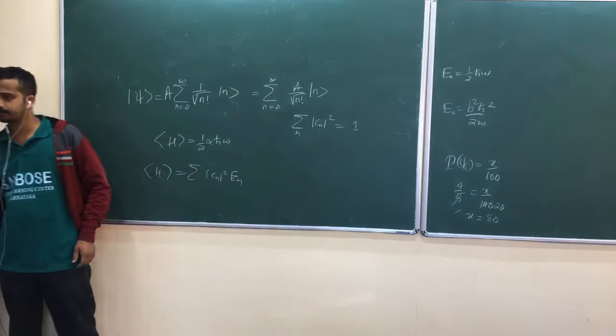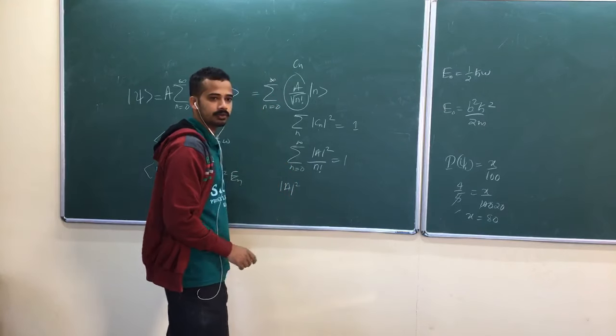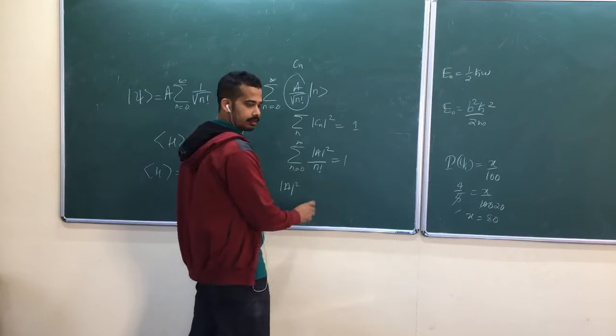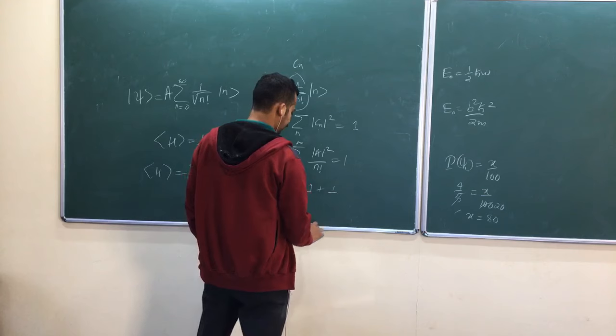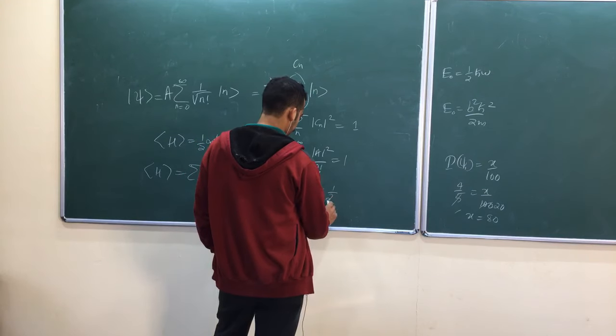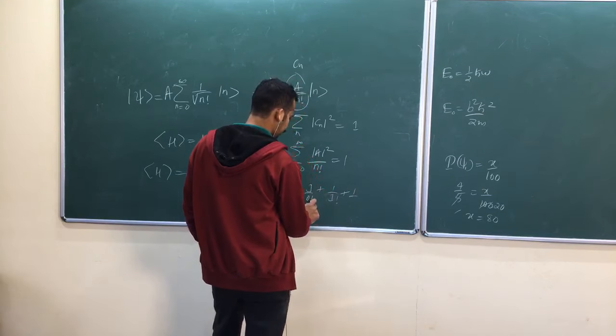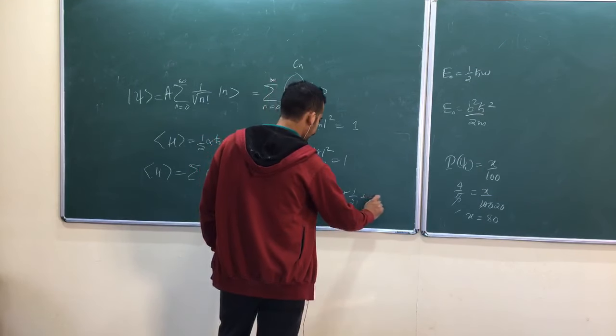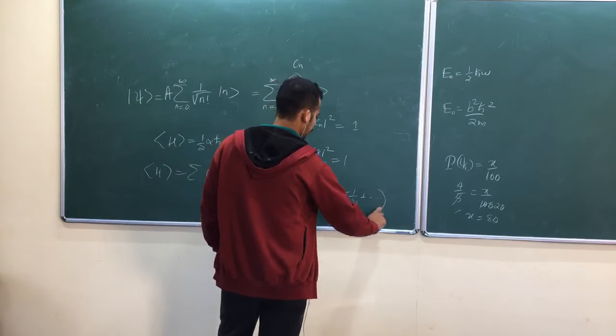So that will be summation over n equal to 0 to infinity of mod a square divided by n factorial equal to 1. Mod a square is outside. What would you write? 1 by 0 factorial is 1. Am I right? 1 plus 1 by 1 factorial plus 1 by 2 factorial plus and so on is equal to 1. What would you write for this value? You know that one?